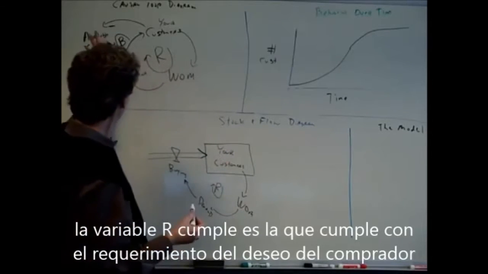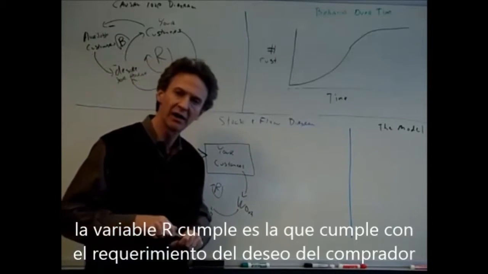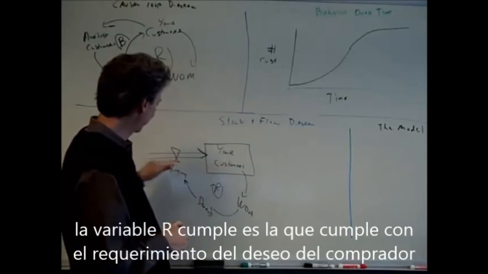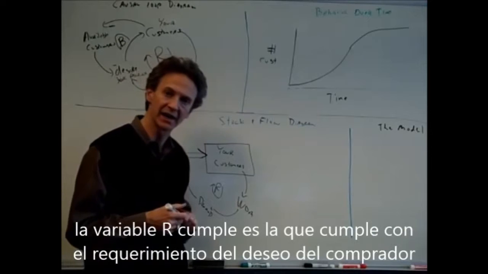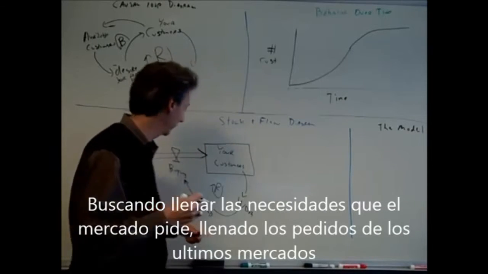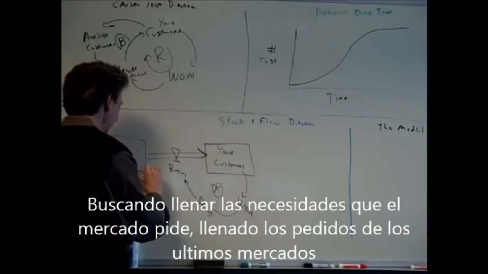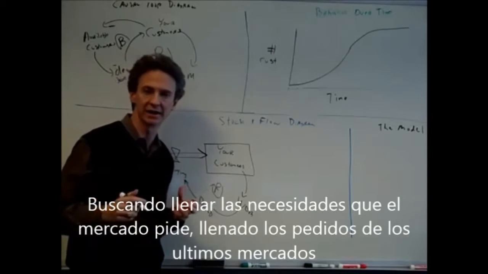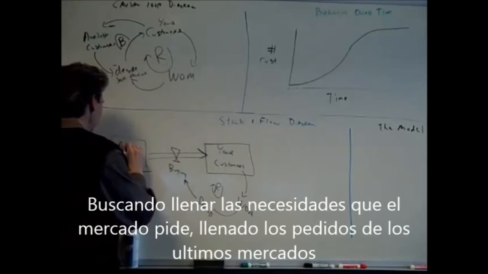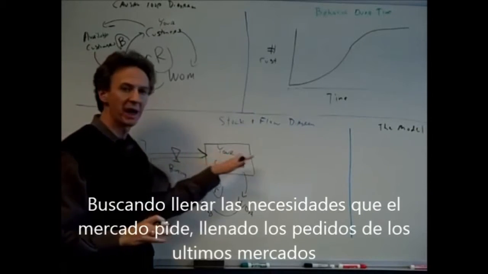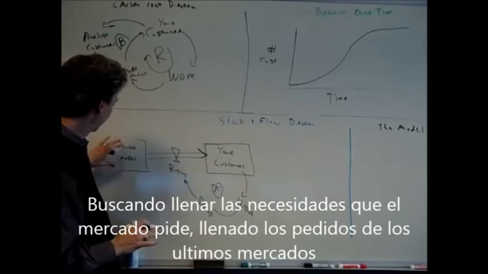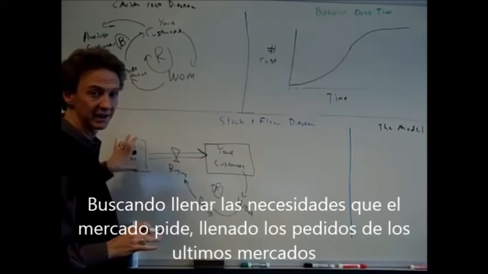Okay, now let's talk about this other loop. Where are these customers coming from? They're coming from another stock, which we'll call available market. It's basically the stock of your non-customers. As more people buy, this is an outflow from this stock. There's less and less available market.